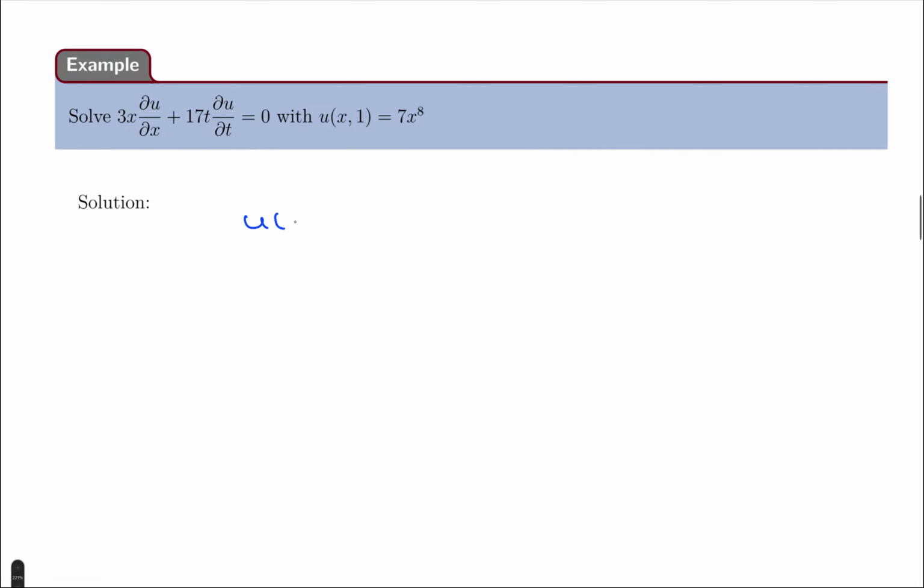For this, we're going to assume a solution of the form u(x,t) equals the product of a function of x and a function of t, f(x)g(t). Then we take the necessary partial derivatives. ∂u/∂x is f prime times g, because we are differentiating with respect to x, so g remains constant.